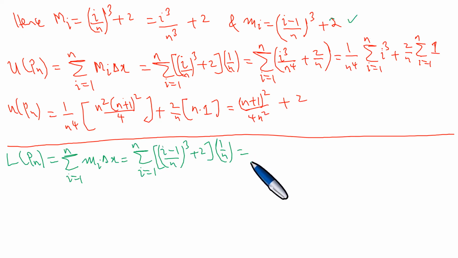What do we get out of these? Then multiply by the 1 over n here. Summation of i cubed over n to the fourth power plus 2 over n.